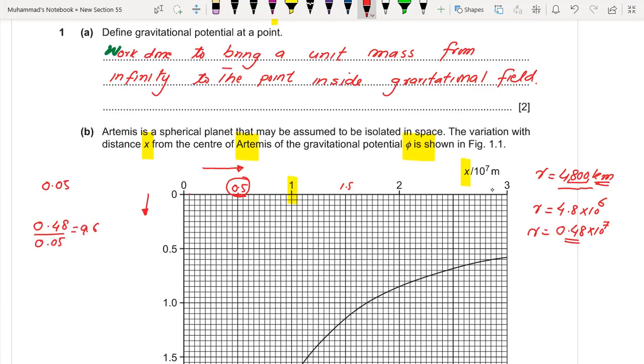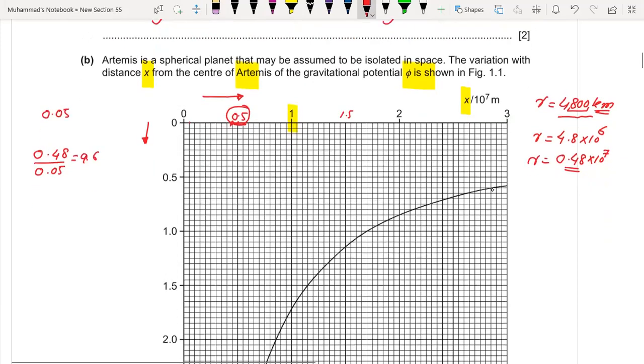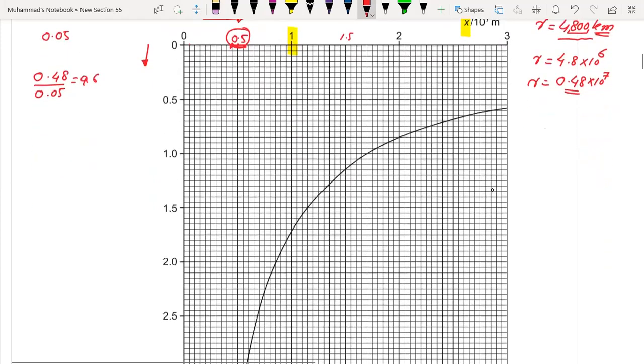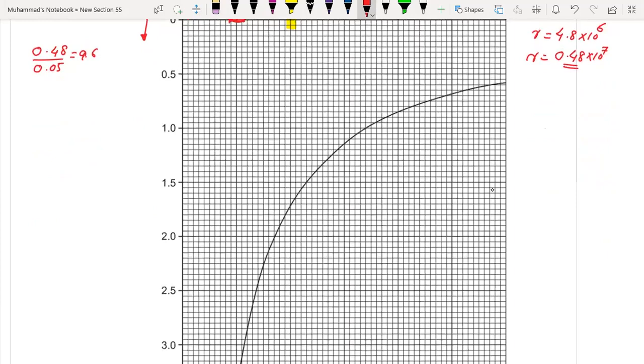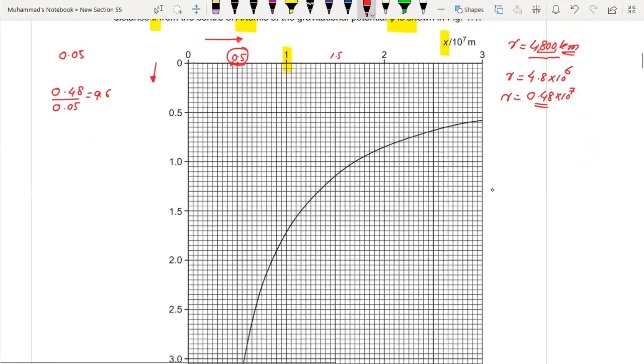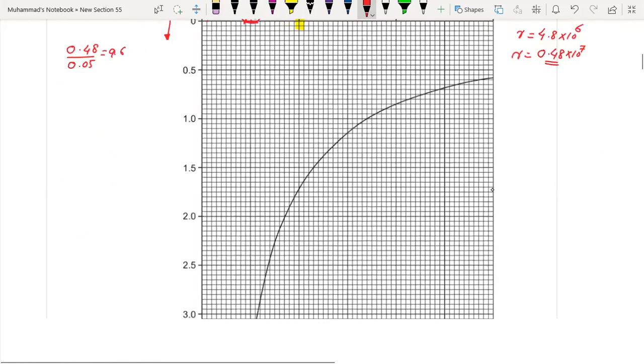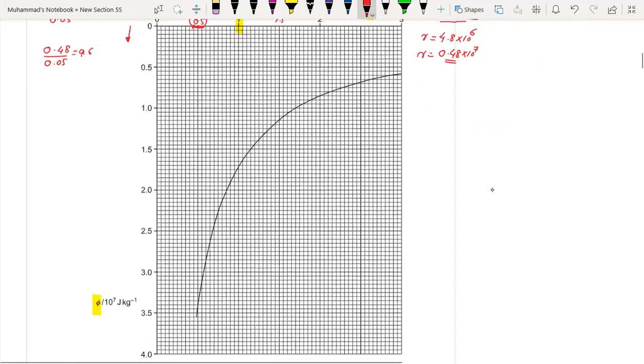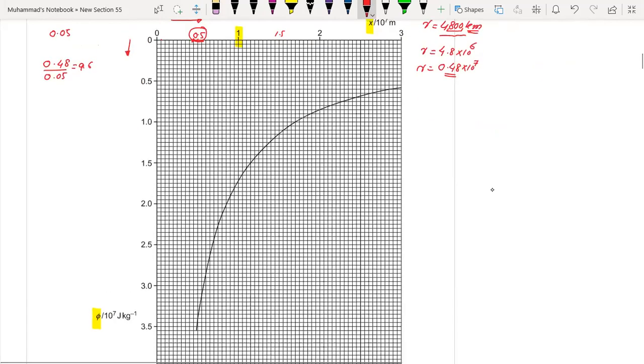So here you have 10, here you have 9. So 9.6 will be somewhere here. So you have to read the graph for this 9.6.